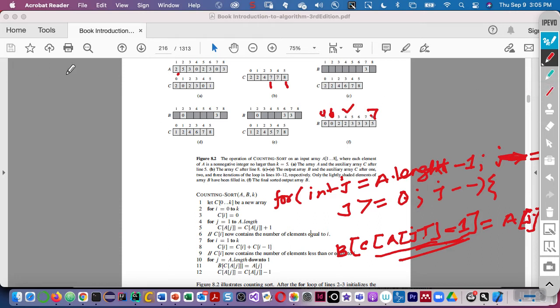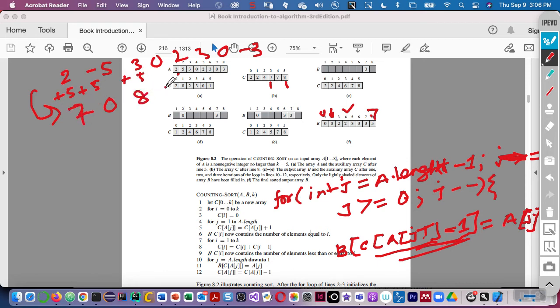If I have 2, -5, 3, 0, 2, 3, 0, even -3, then I can convert it by adding 5 to all elements, giving 7, 0, 8, 5, 7, 2, 3, and then we can sort it and subtract.